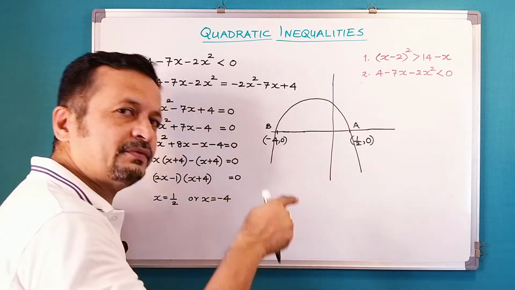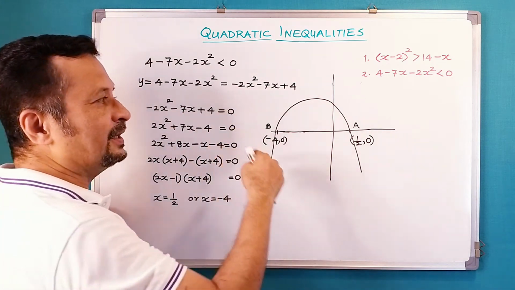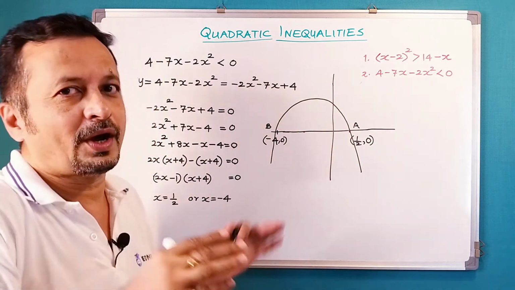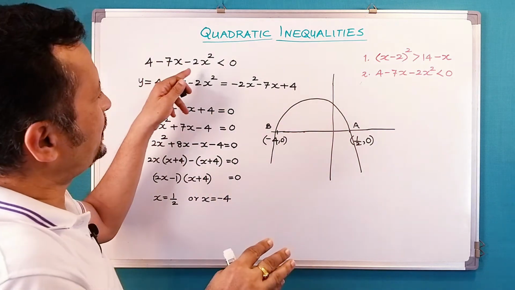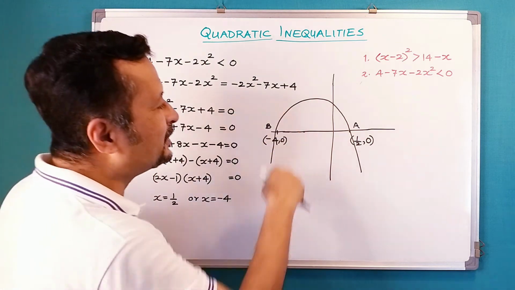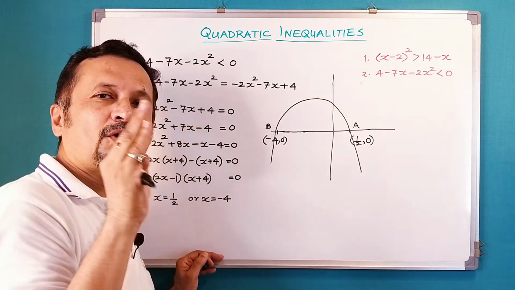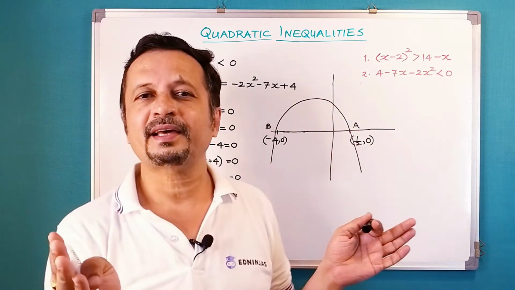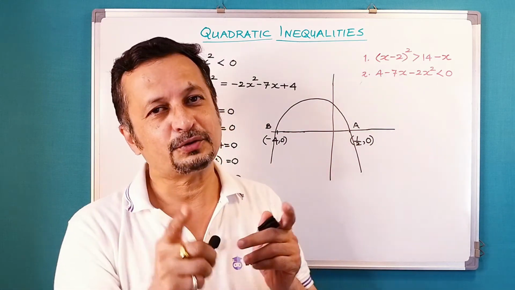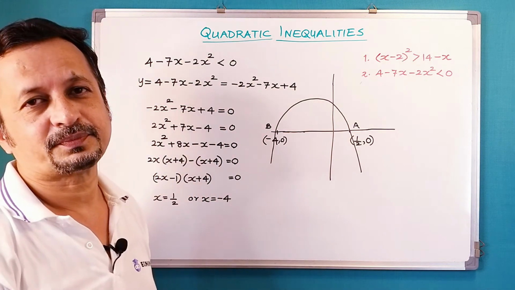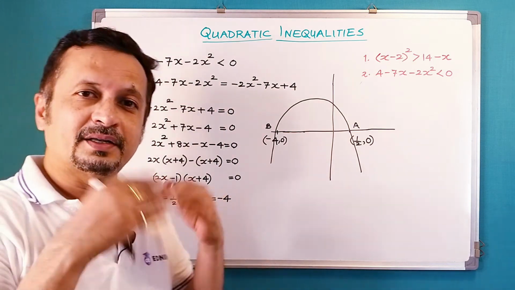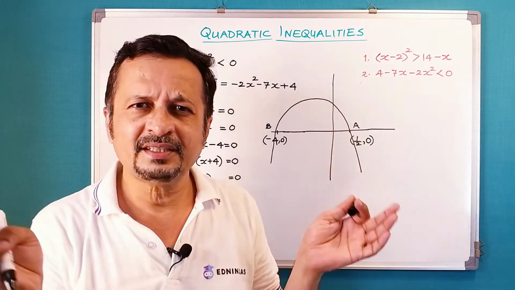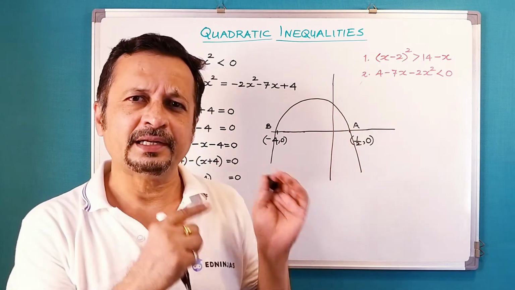At x equal to half, it is cutting the x-axis, but if I go above the x-axis, the values of y are positive, so I'm not interested in that. What I'm interested in is here. Any values of x which are less than minus 4 and greater than half would satisfy this inequality, correct? Graphing is a very convenient and easy way of handling this.